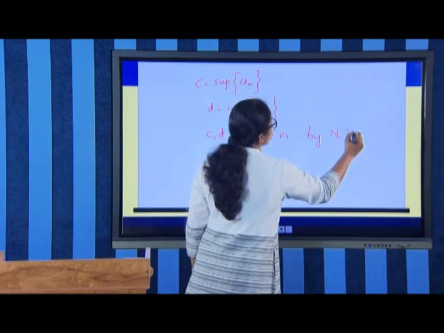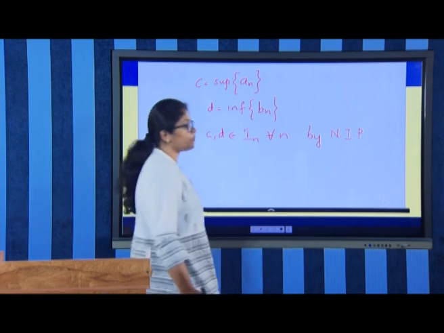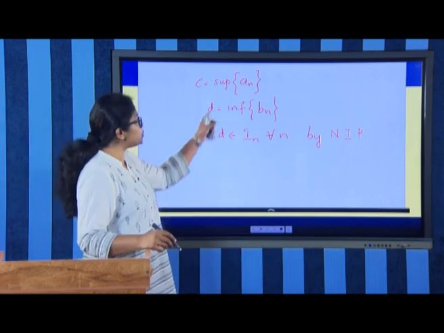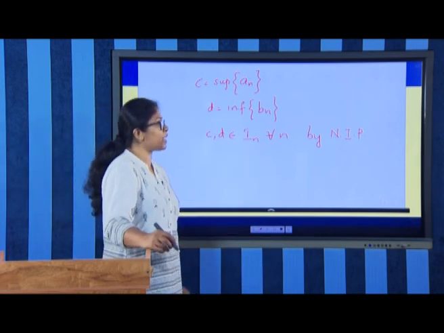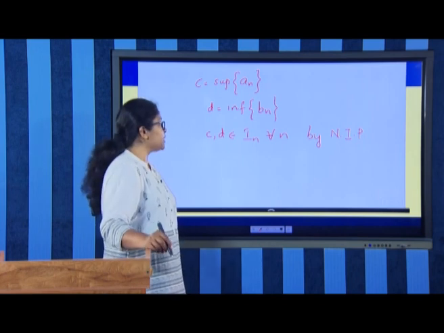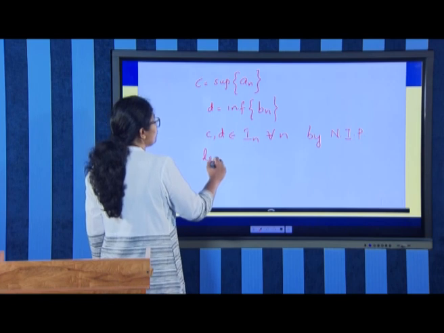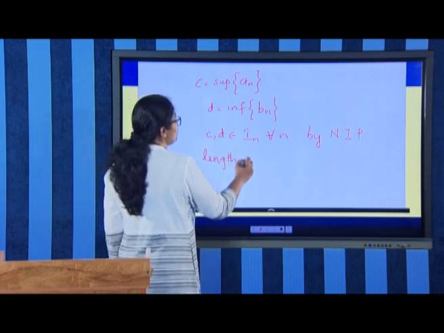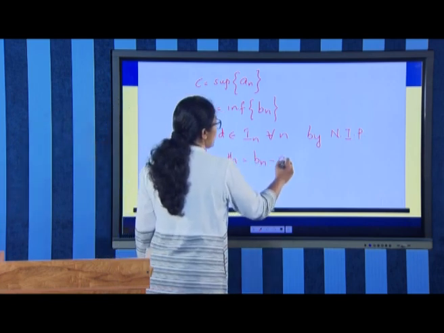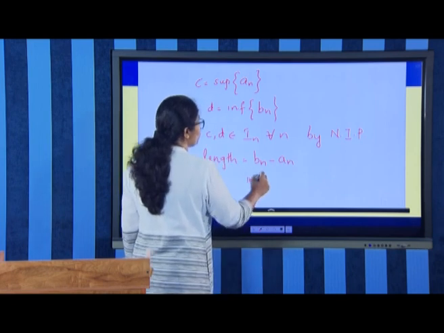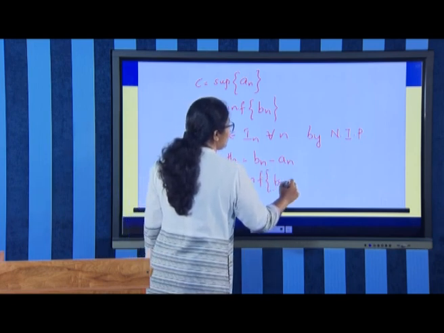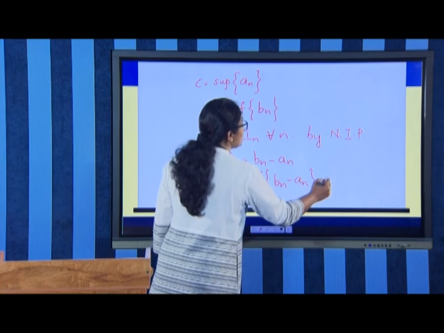But the length of In is equal to Bn minus An, which has infimum equal to 0.